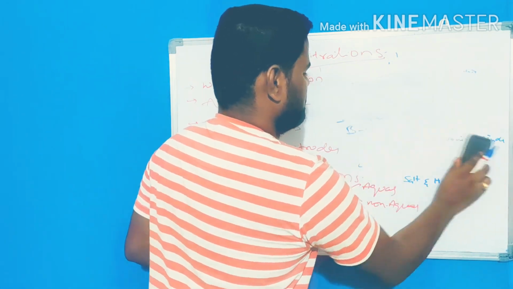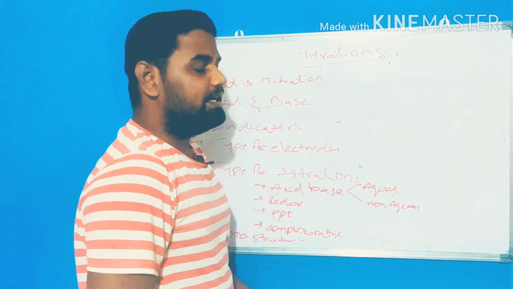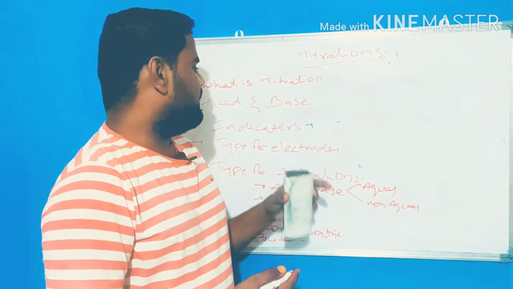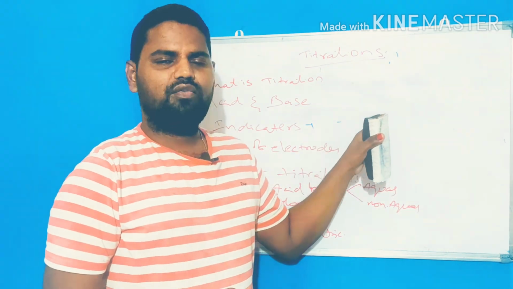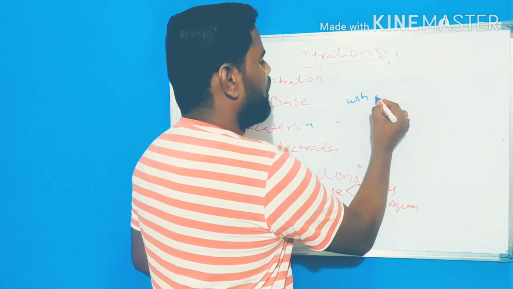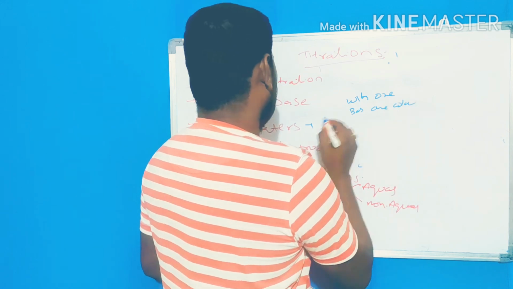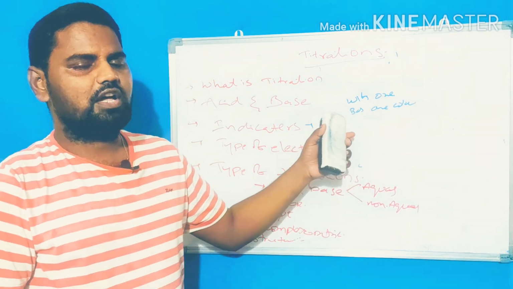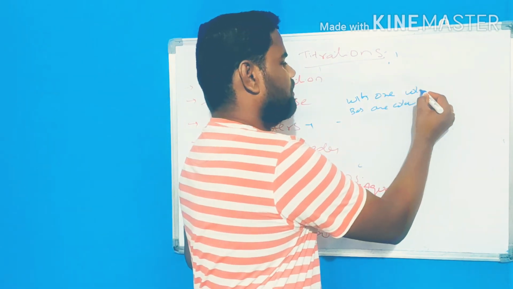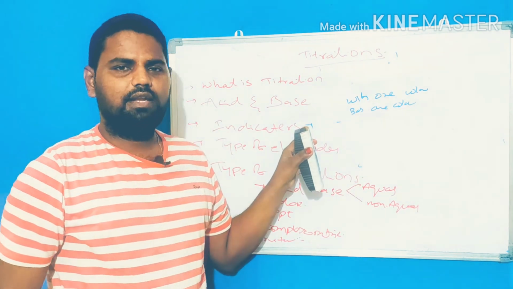Next, indicator. What is an indicator? Indicators are weak organic acids or weak organic bases that give one color with acids and another color with bases.